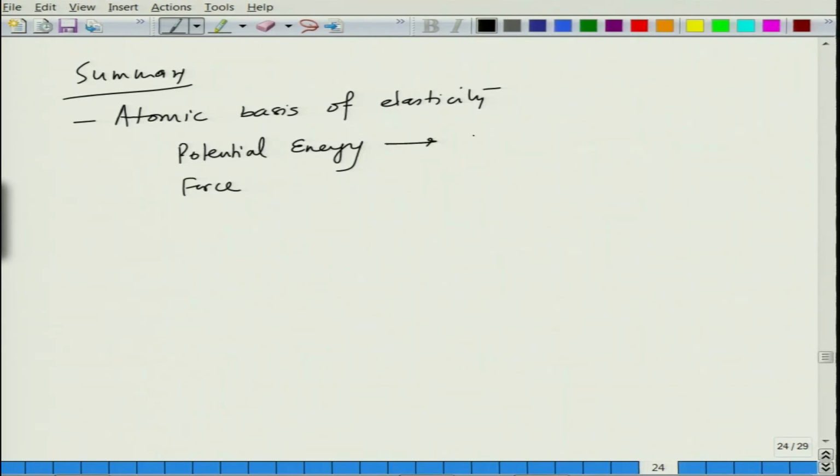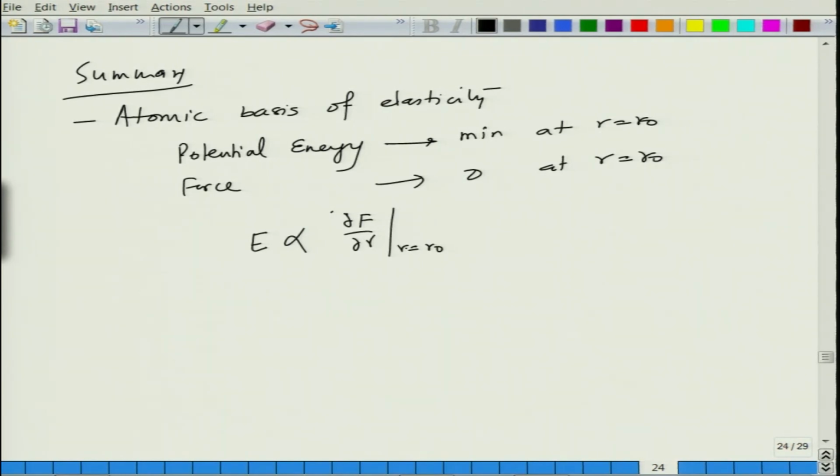At equilibrium separation, potential energy is minimum and force is 0 at r equal to r naught, and the modulus is related to the slope of the force versus distance plot or the curvature of the potential energy versus distance plot.